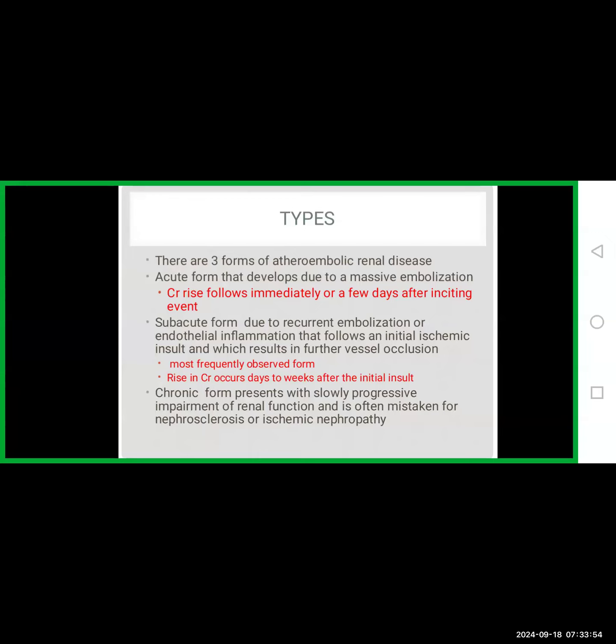This is the most commonly found type, and the rise in creatinine occurs days to weeks after the initial insult. The third form is the chronic one, with slowly progressive impairment of renal function, and it's often mistaken for nephrosclerosis or ischemic nephropathy.